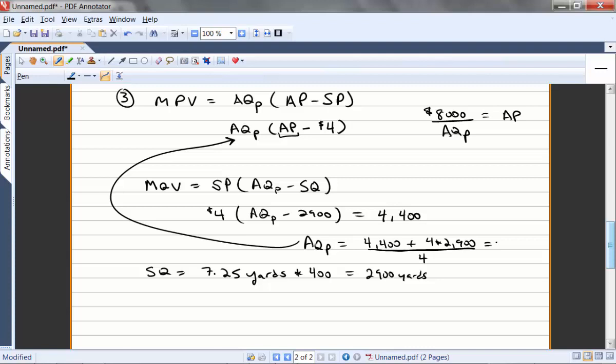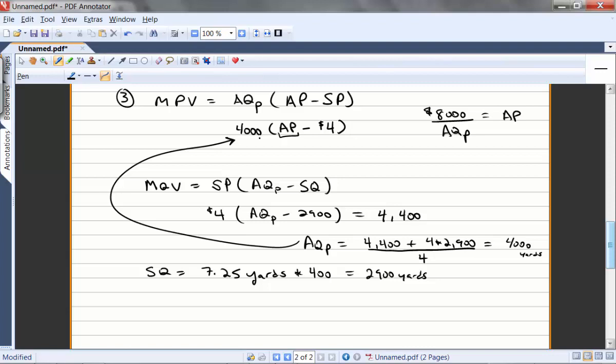Oops, I made an error in my calculator. Let's see, 4,400 plus 4 times 2,900, all of that divided by 4, 4,000. 4,000 yards. So let's put that here.